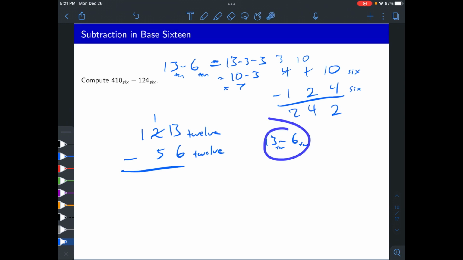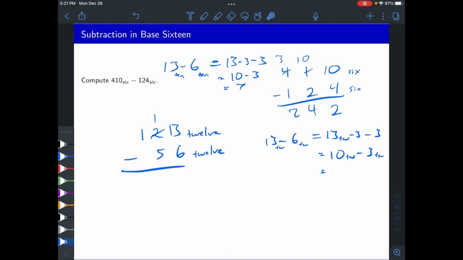So we could do the same thing over here. 3 base 12 minus 6 base 12 is like 13 minus 3 minus another 3. So 10 base 12 minus 3 base 12, counting down from 10 base 12, which is one group of 12 and 0 groups of 1.